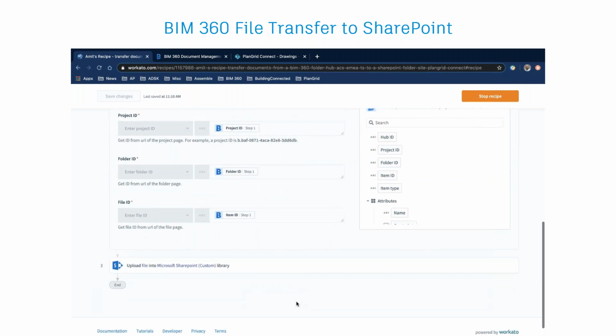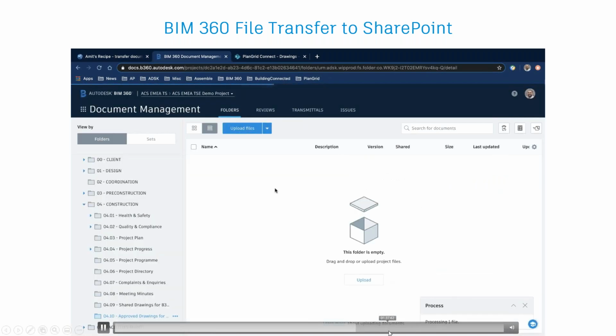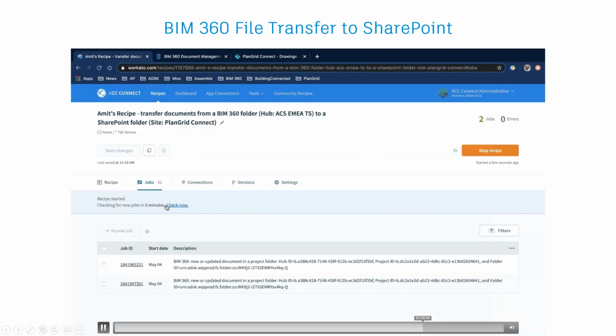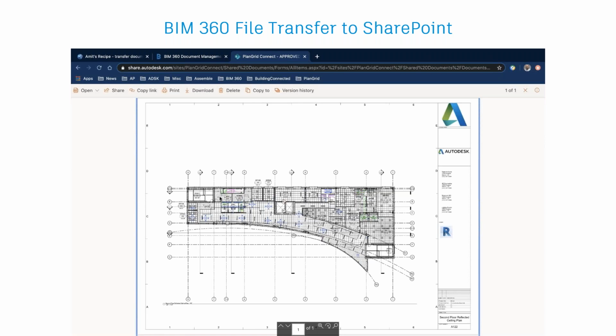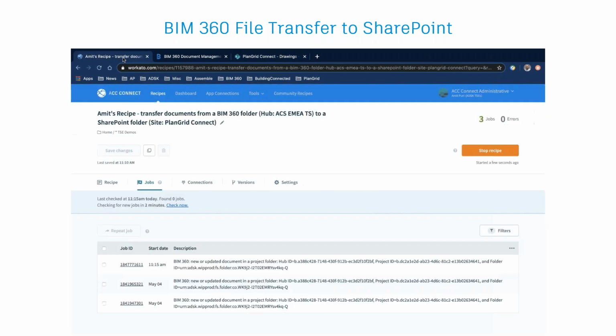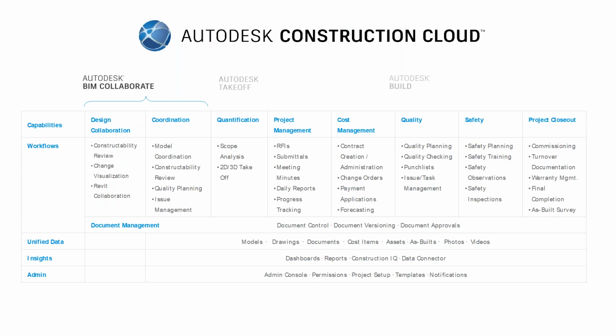This is just a video that shows you exactly how that works. So from BIM 360, once the document has been approved, you go all the way to SharePoint. This is just an example of a platform that allows you to have that plug and play kind of workflow, enabling you to connect these two different platforms from the same common data environment.